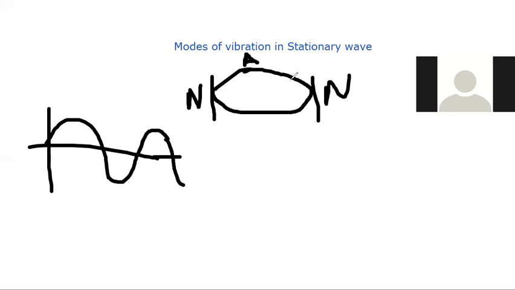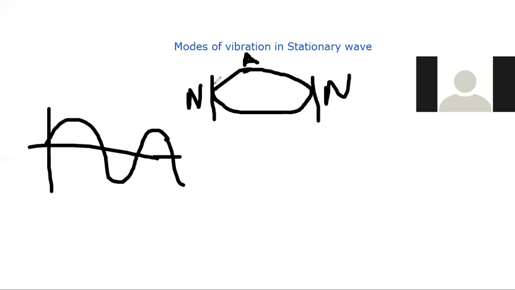And the nodes are normally at the point of zero vibration. So you realize that here is the maximum vibration; when it gets here, it gets to zero, then it starts again. So the nodes are at zero vibration or zero amplitude, and the antinodes are at maximum vibration or maximum amplitude.